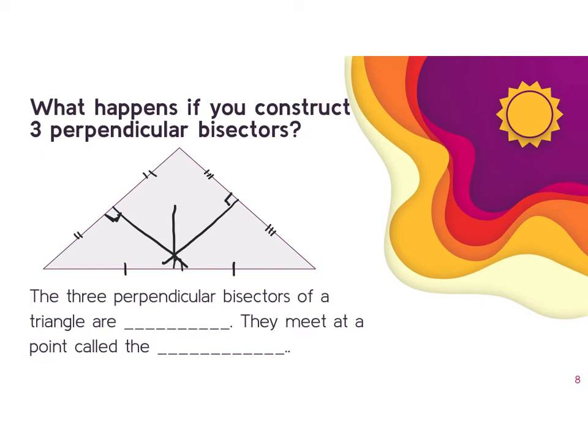Notice these perpendicular bisectors are also meeting at a point. So the three perpendicular bisectors of a triangle are concurrent. They meet at a point called the circumcenter.